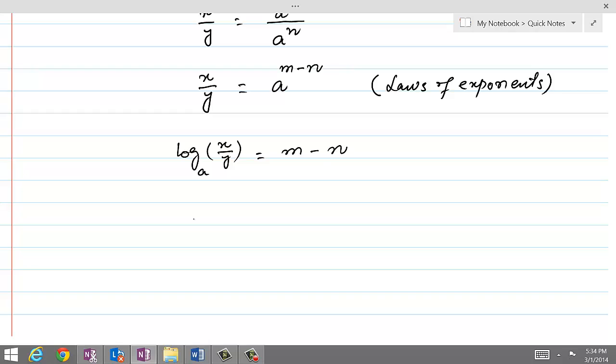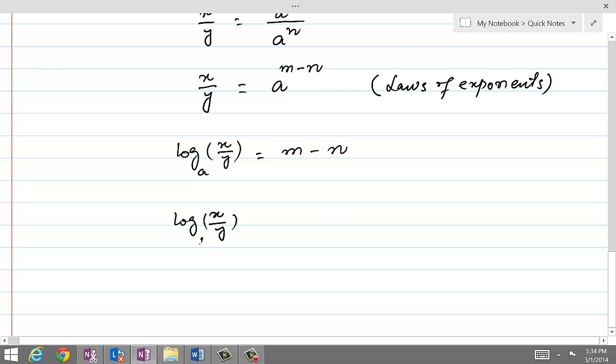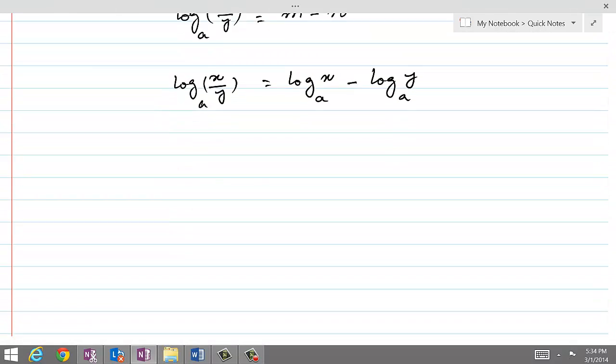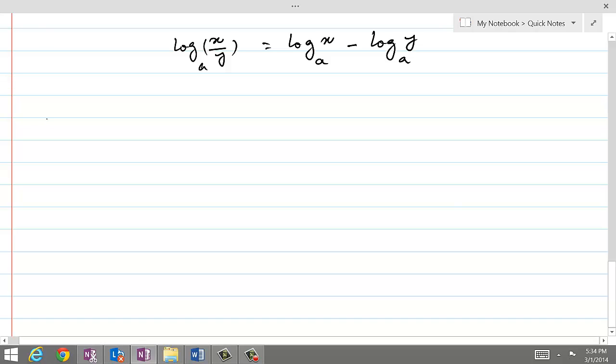Therefore, log of x over y base a is equal to log of x base a minus the value for n, which is log of y base a. This is the second law, and now we are going to prove the third law of logarithms.